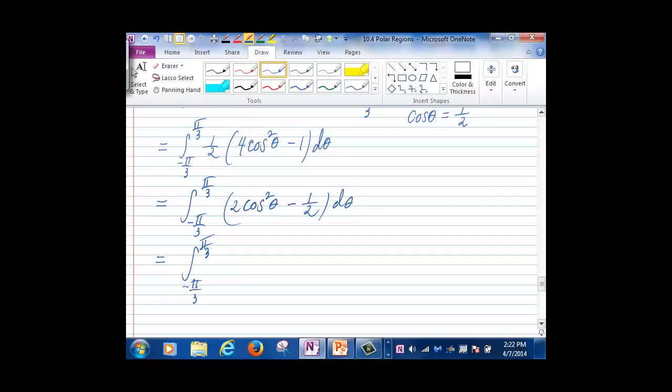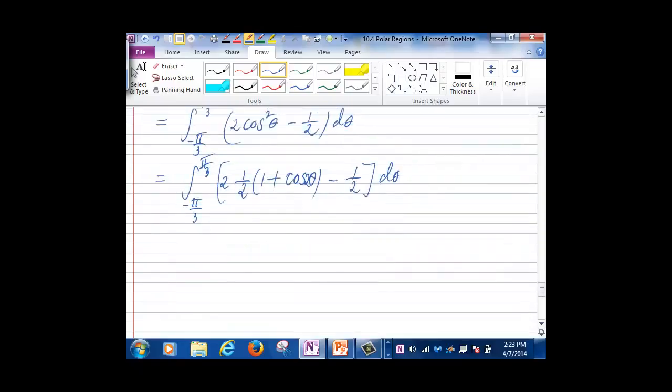Yes, we replace cosine squared theta by half of 1 plus cosine 2 theta, minus a half, from negative pi over 3 to positive pi over 3.